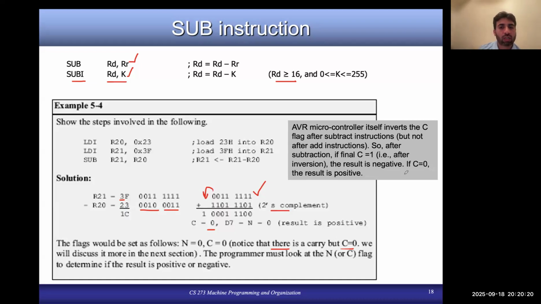If you expect it to be 1, it will be inverted to 0. If you expect it to be 0, it will be inverted to 1. Why? Because then we can use the carry flag to represent the sign of the number. So if C is equal to 1, after inversion, it means the result is negative. If C is equal to 0, the result is positive. Okay.